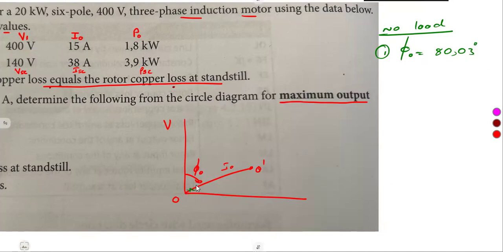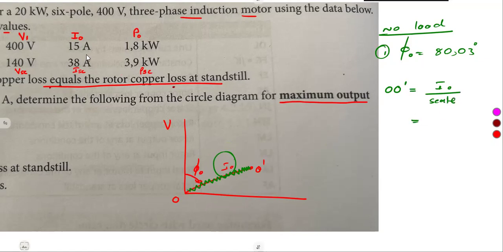Then we are going to need the vector O bar, which represents the no load current over the scale, for us to have the exact measurement.